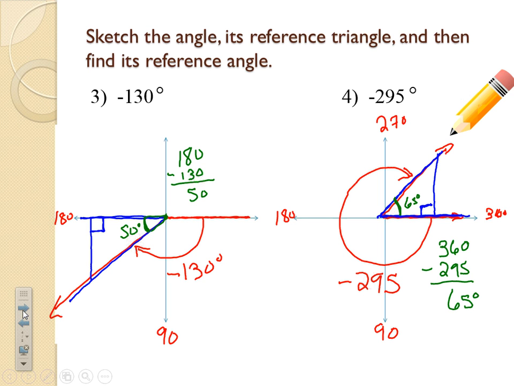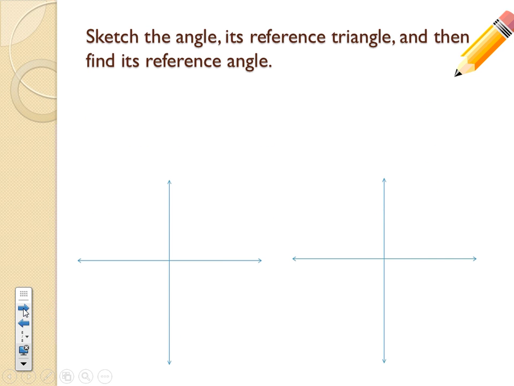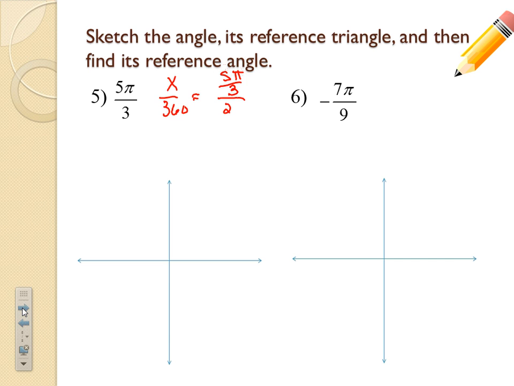All right, moving on, we have two more that are very similar to this, ladies and gentlemen, except now, if you notice, I'm not given a degree anymore. I'm given radians. So the very first thing we have to do is change it from radians to degrees. If I set this up, I'm going to have x over 360 equals 5 pi over 3, all over 2 pi.